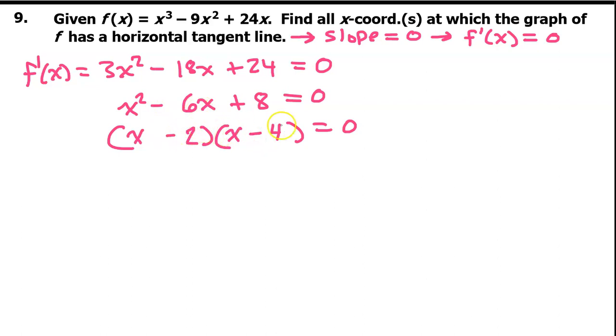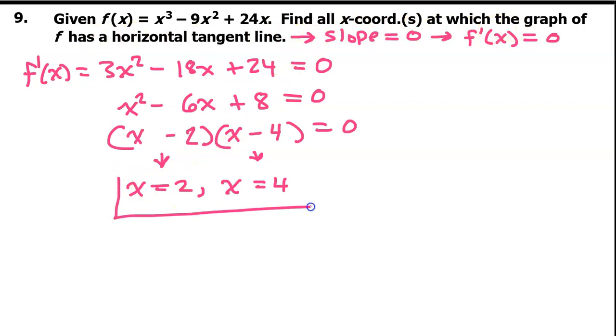Also, negative 2 times negative 4 is positive 8, so that works. By the zero product property, we will find solutions by setting these equal to 0. So that will give us x equals 2 and x equals 4. And actually, that's all they wanted us to do, was to find the x coordinates at which the graph has a horizontal tangent line. So that's it.